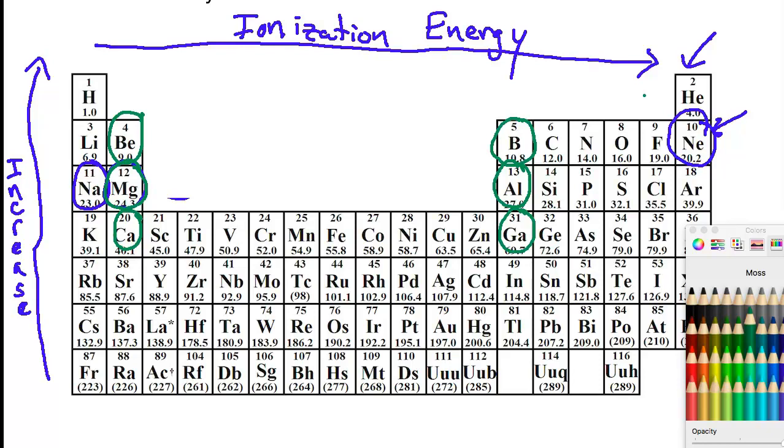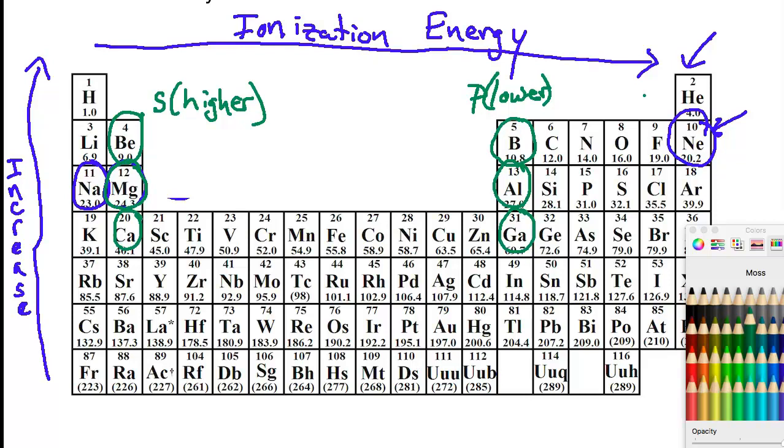And the reason for this exception is because we are jumping from an S shell to a P shell. So it turns out that the ionization energy for the P shell is going to be slightly lower than that of the S shell. Now we're talking about just the very end of the S shell, so not lithium. It would go higher from lithium to beryllium, and then when we go from beryllium to boron, we're going to find that beryllium had a slightly higher ionization energy requirement and boron had a slightly lower one.